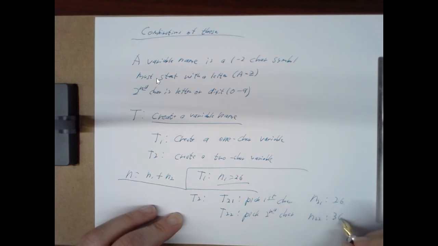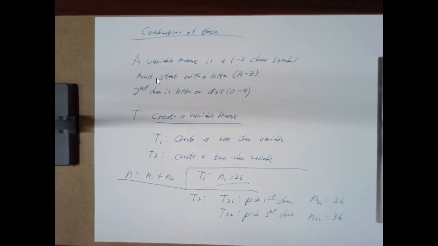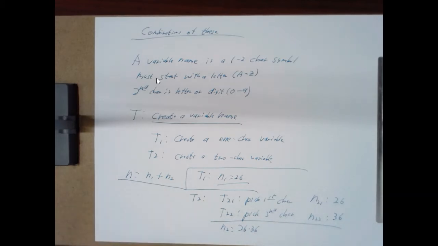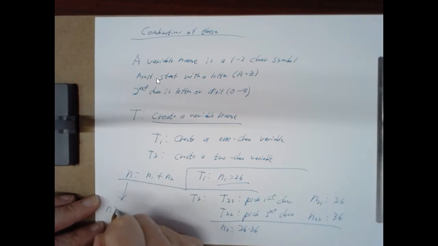36, right? Because we can pick a letter or a digit. And so the number of ways we can complete task 2 is the product rule, 26 times 36. So the total number of ways that we can accomplish task T is 26 plus 26 times 36.